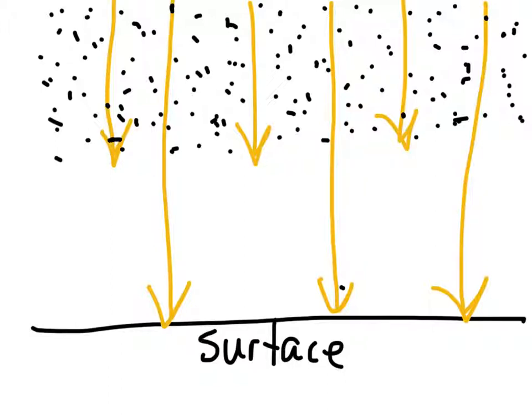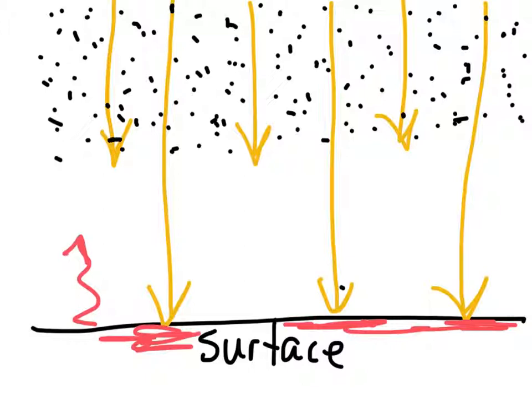And when we get down to the area where the sunlight has struck the Earth, it is going to warm, and this heat is going to radiate up out of the ground in the form of heated air.